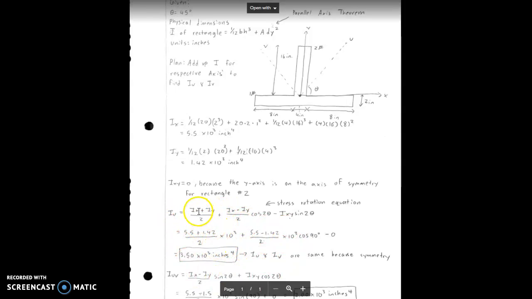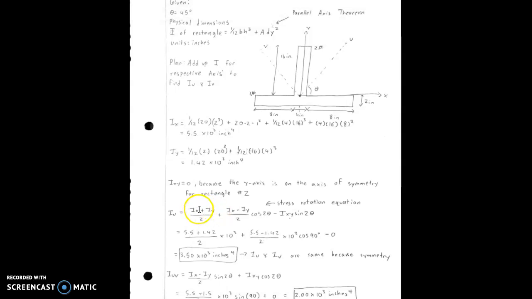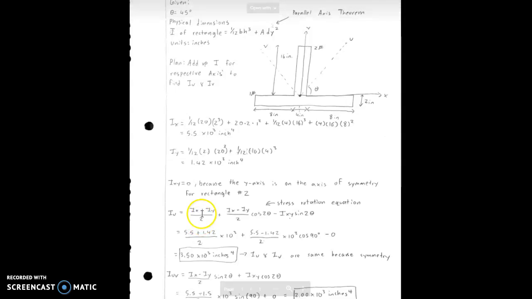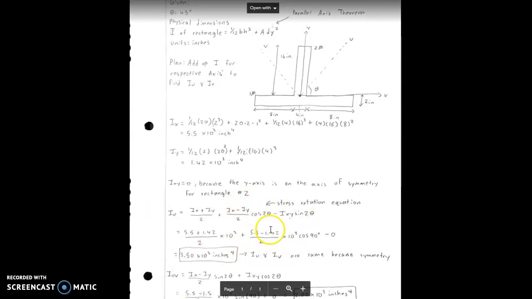I know that this is like the moment of inertia of the two bodies divided by 2 to get the average, and then plus the same thing here. But I would definitely like to study up more on this. If anyone can maybe link me to the chapter or something.